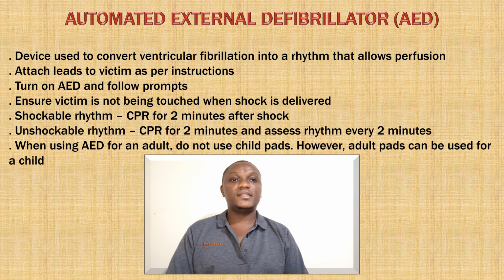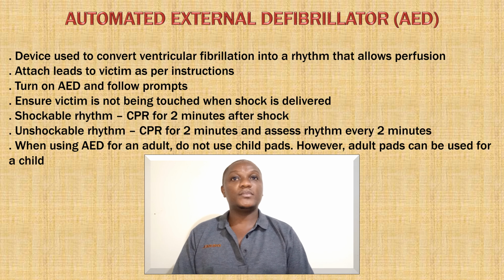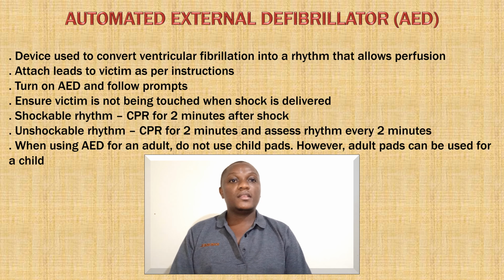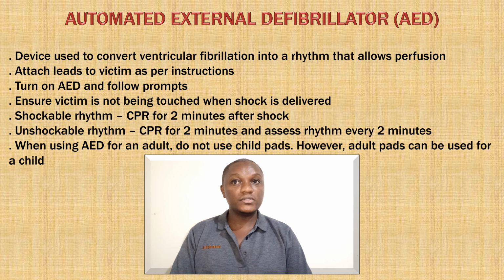Quickly, let us check on the automated external defibrillator. This is a device used to convert ventricular fibrillation into a rhythm that allows perfusion. You attach leads to the victim as per the instructions, turn on the AED, and follow the prompts. Ensure that the victim is not being touched when the shock is delivered.